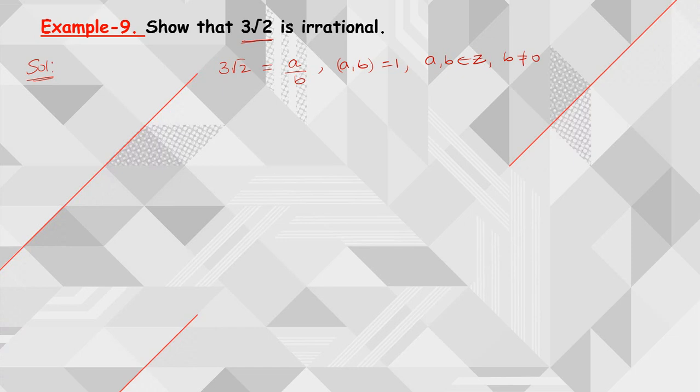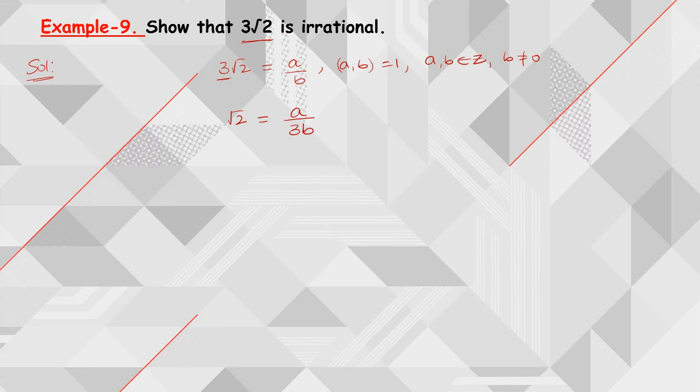Now on doing cross multiplication, or you can directly square it on both sides and then do cross multiplication, or some other way, you can simply say that root 2 is equal to a by 3b. Or you can directly shift this 3 to the right hand side. So root 2 is equal to a by 3b.